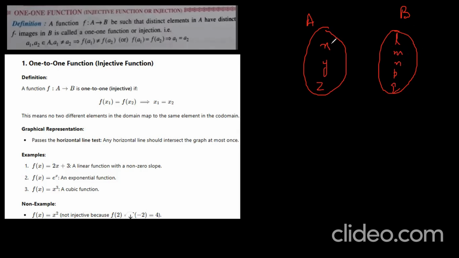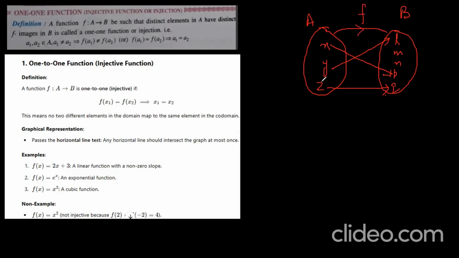Here I am relating X with P, and Y with L, like this I am making a relation, and Z with Q. Is it a function or not? Yes, definitely it is a function because each and every element of A has its unique image in B. Very good. So if A is equal to XYZ, B is equal to LMNPQ, then how do I define F?